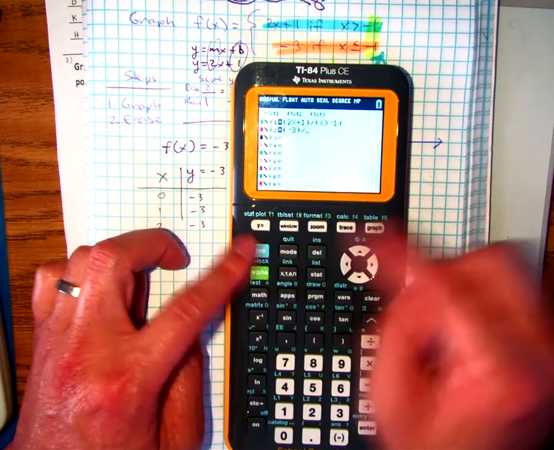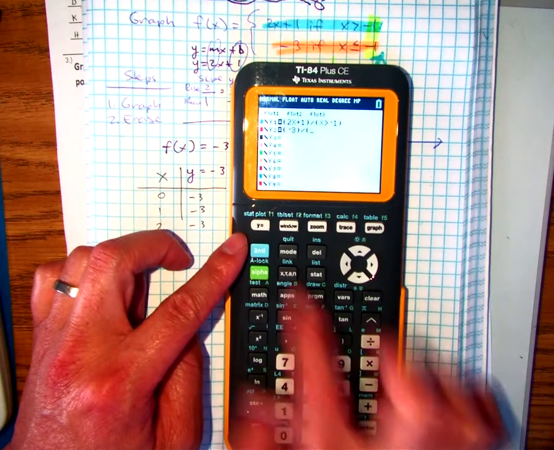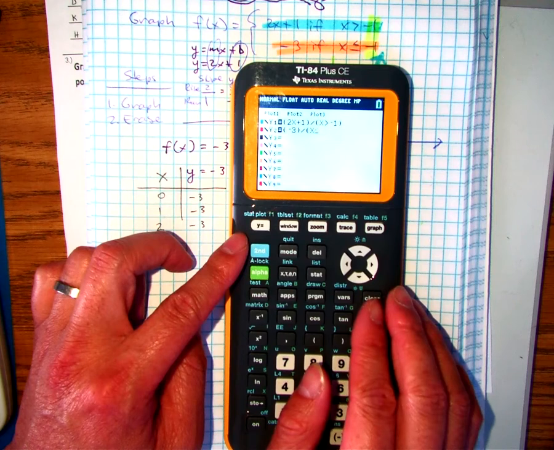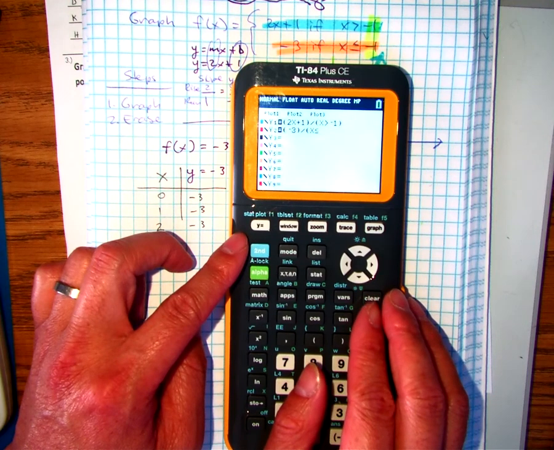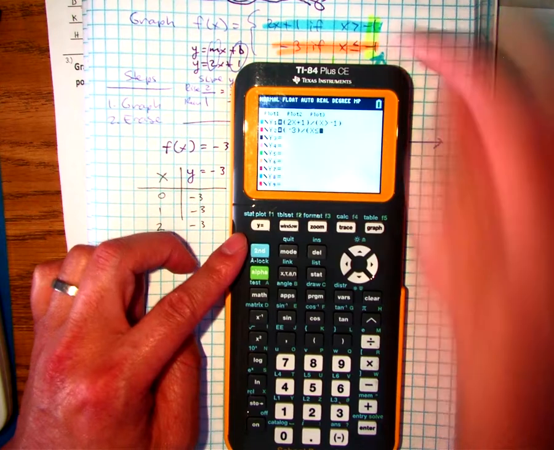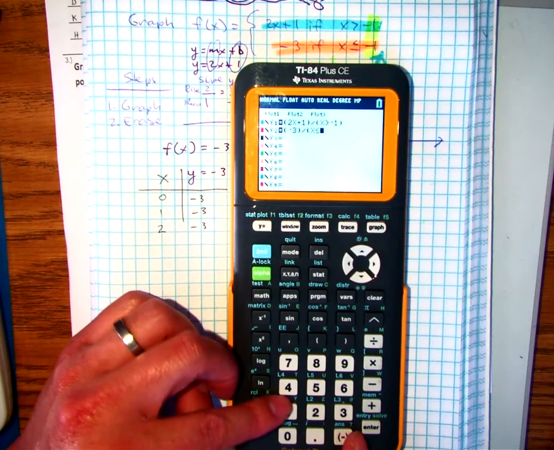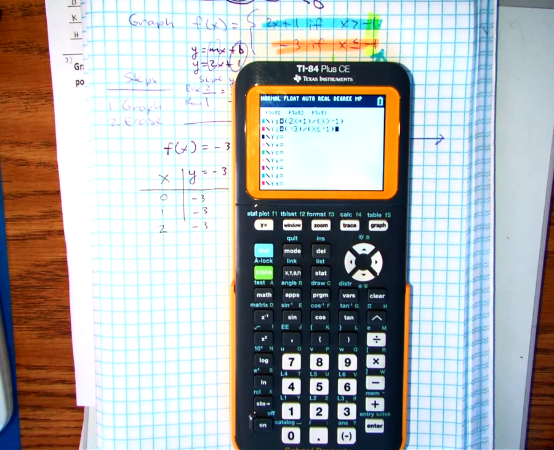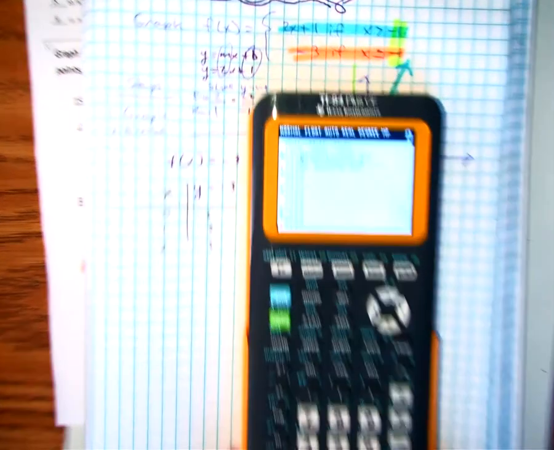You can if you need to. So I have parentheses x. See what it did? And I have -1. Close the parentheses. Let me zoom in on the calculator commands. See them?